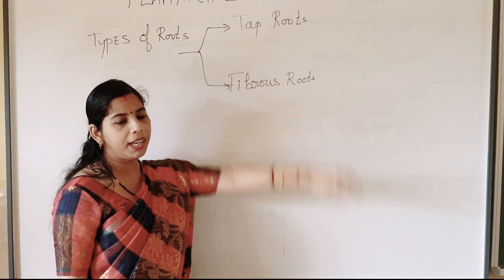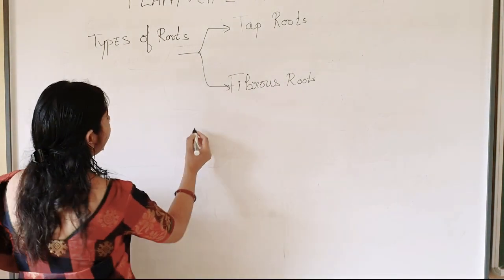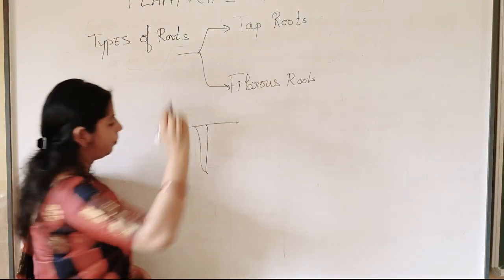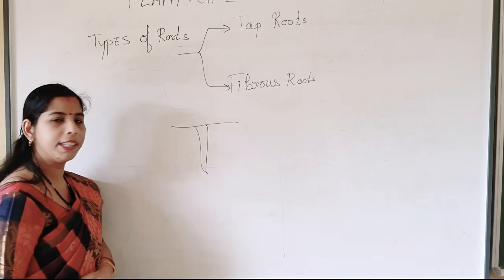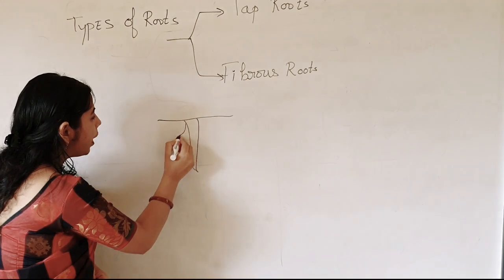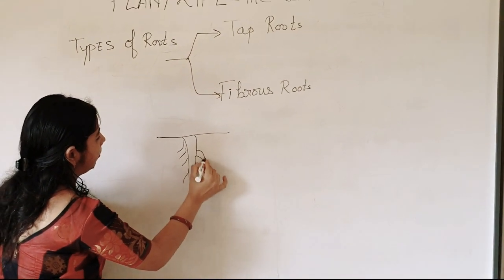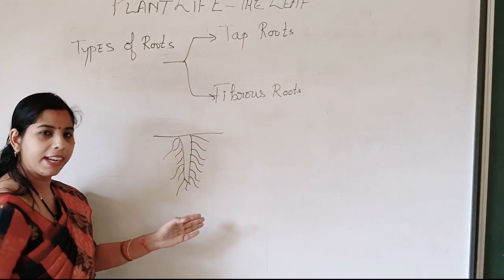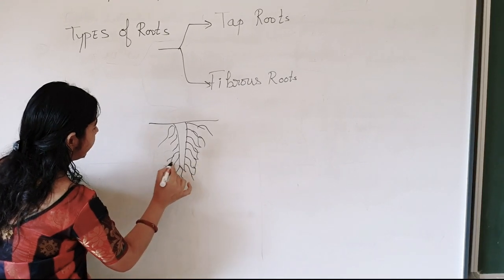Tap root, it is a basic important root. That means here one primary root arises from the base of the stem, and from this primary root number of secondary roots arises, and from these secondary roots number of tertiary roots arises.